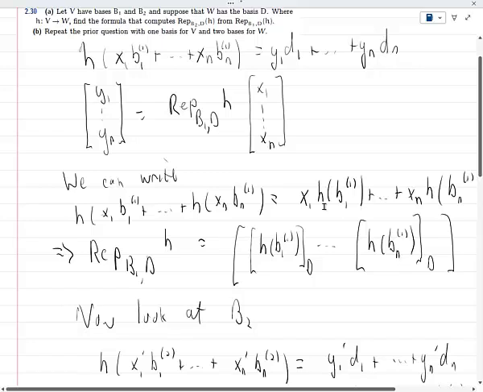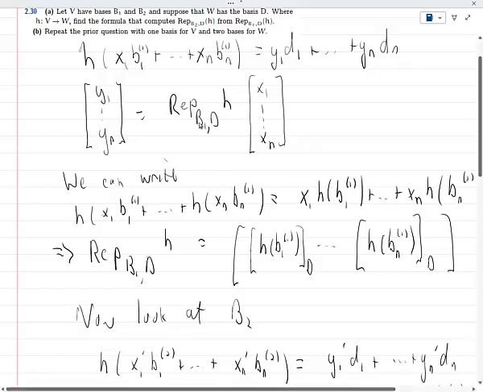This is x1 times this vector plus ... plus xn times this vector. So I'm taking the column vector x1 through xn and multiplying by these column vectors. This is the same technique I used in the previous problem.